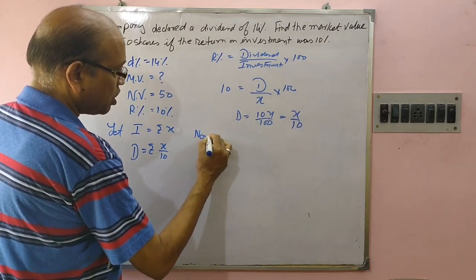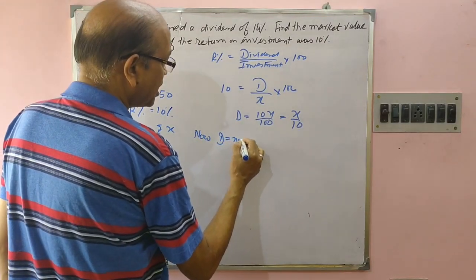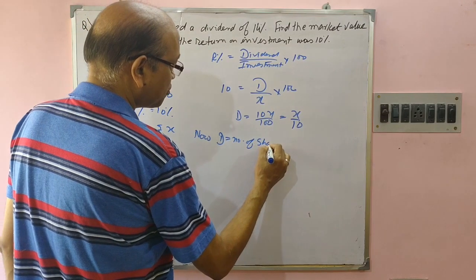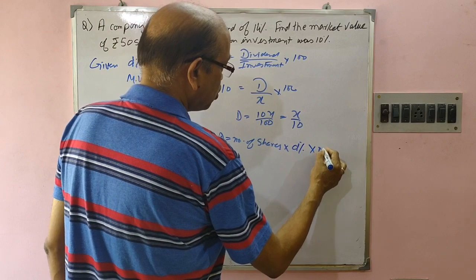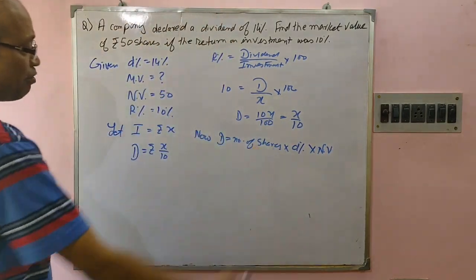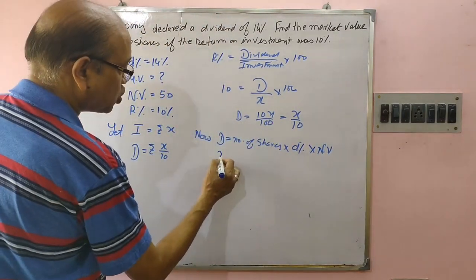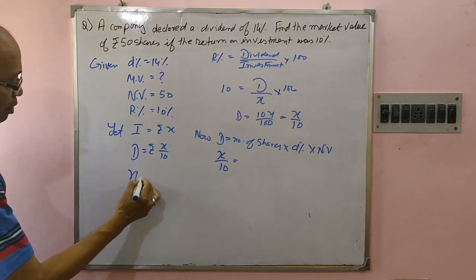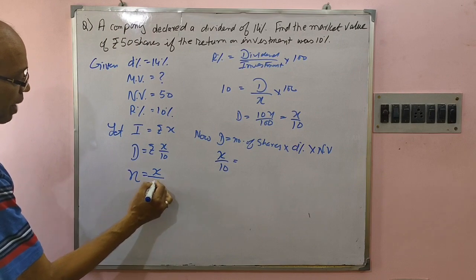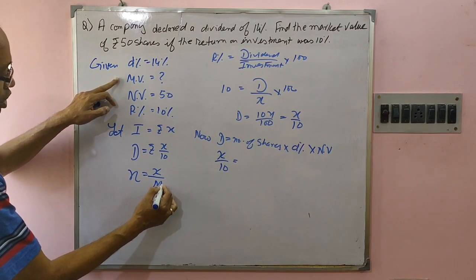Now, dividend is number of shares into D% into nominal value. Now, dividend I know is X by 10. What is the number of shares? Number of shares is investment by market value.